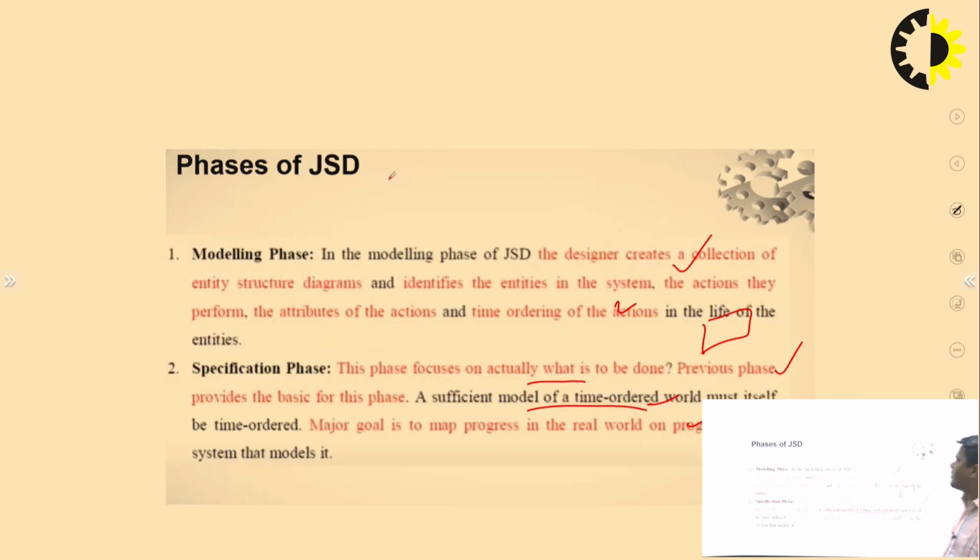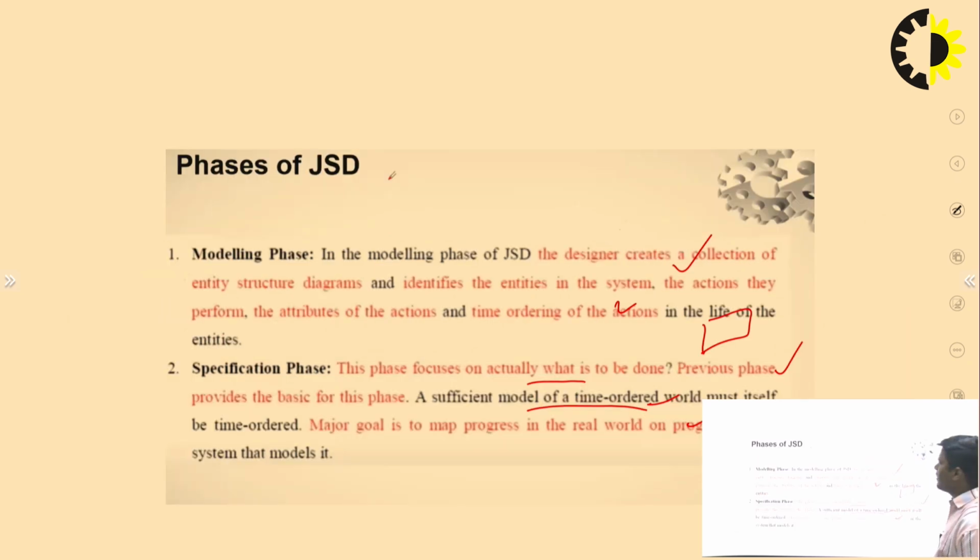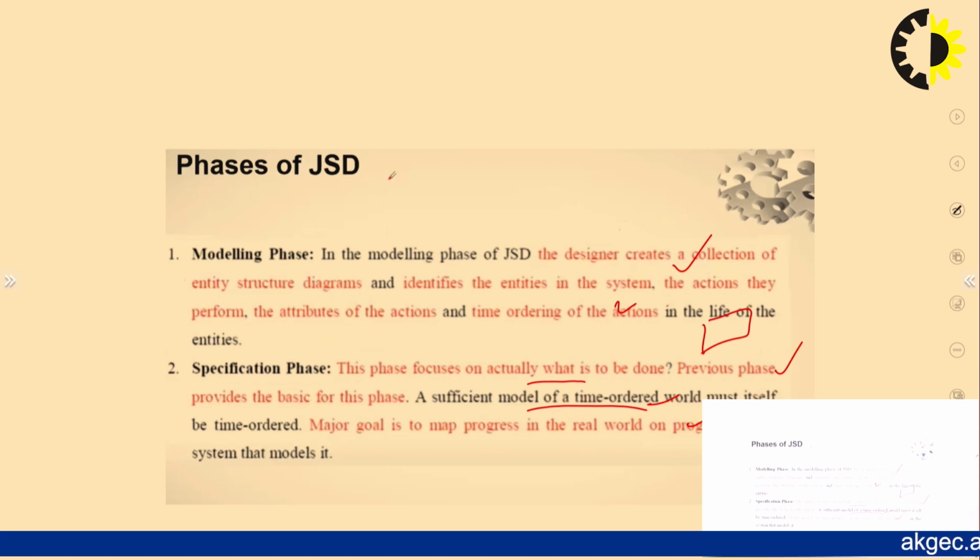so these are the basic phases of JSD. In the modeling phase, we discuss what language you are using to code the software, and you have to find out if you are using object oriented programming.